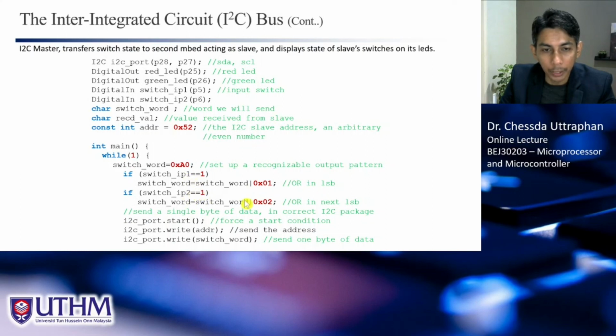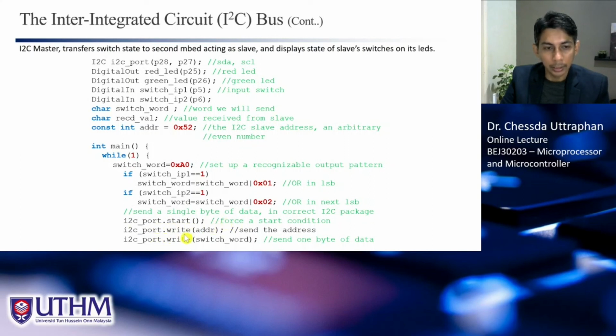If IP2 is pressed, we have A2, right? And now let's say, for example, we press switch number 1 or IP1, so we will send A1 through the SDA. So to start the communication, we use the function start, our object name dot start.